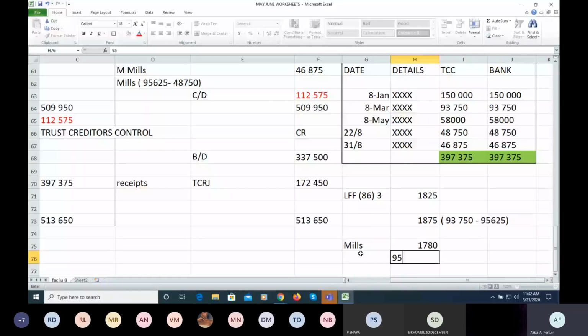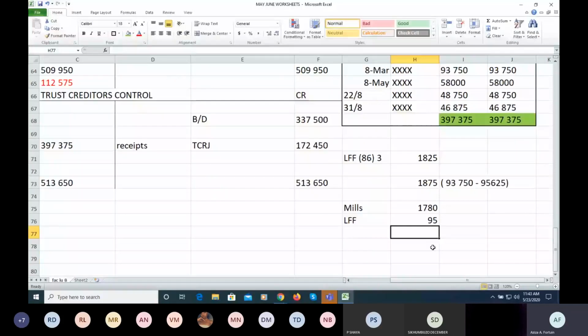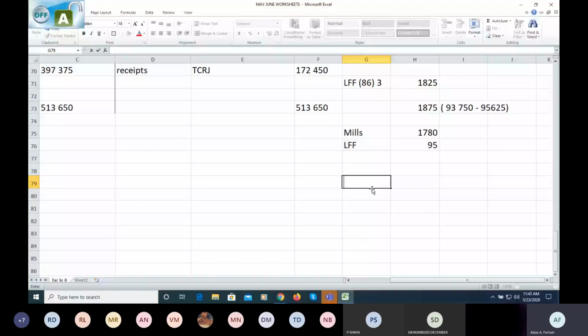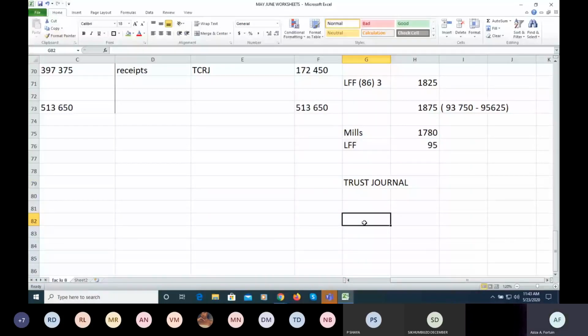Okay, so basically what you're going to do there is in your trust journal, it will look something like this. You're going to have moles, 1875, and then you're going to credit your legal fidelity fund with 95.